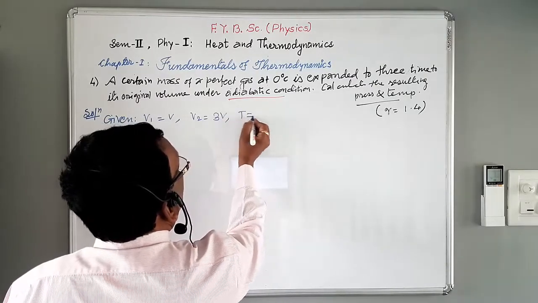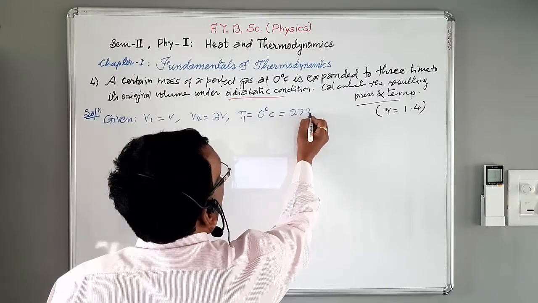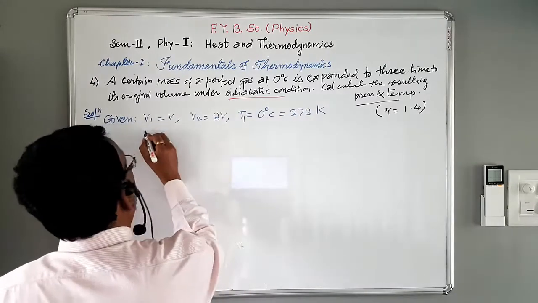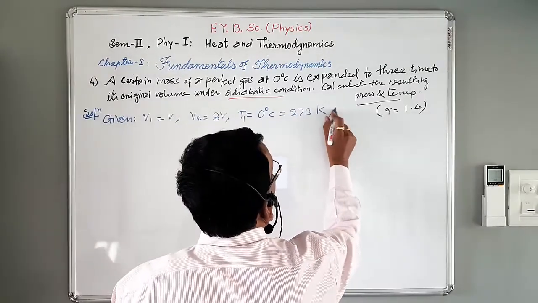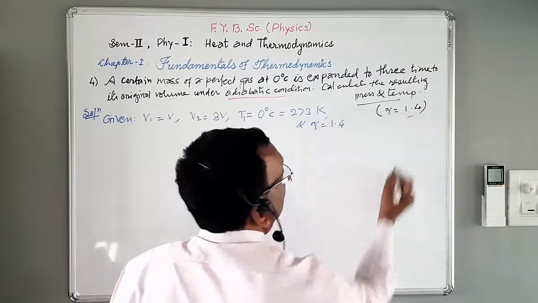Then the temperature is also given. T1 is 0 degree Celsius, converted into 273 Kelvin. And the value of gamma is also given, gamma is equal to 1.4.